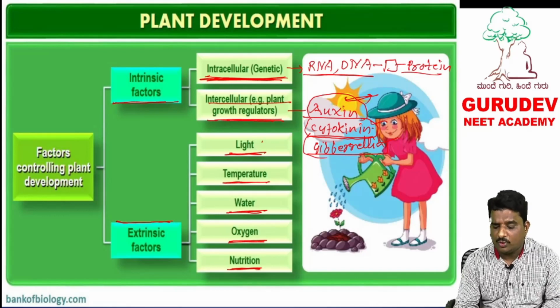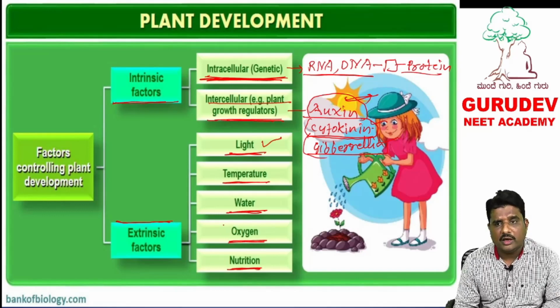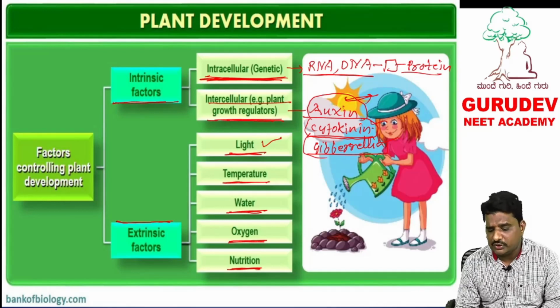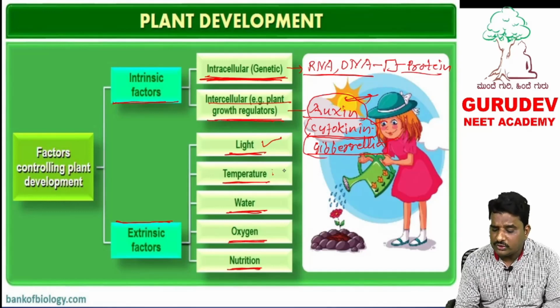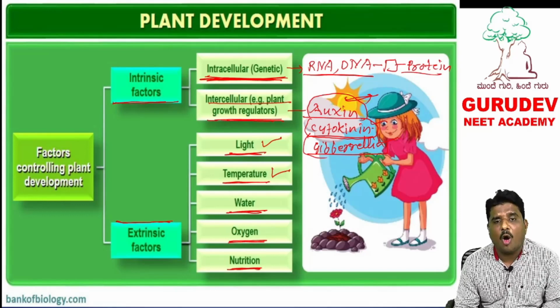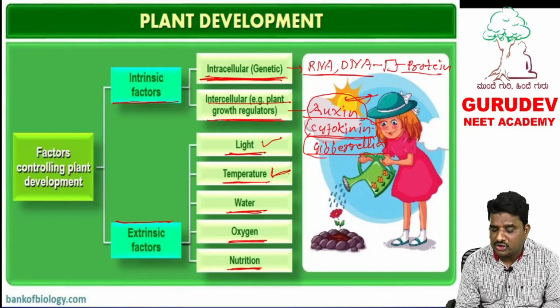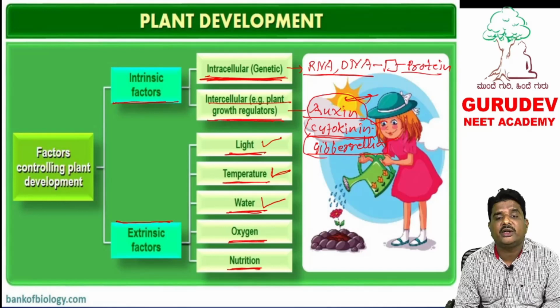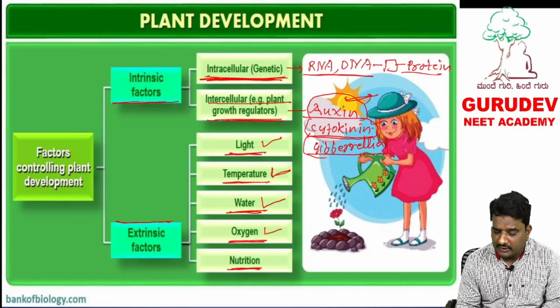Remember, without photosynthesis there is no growth. If growth is not there, there is no differentiation. And for photosynthesis or respiration, a proper temperature, an optimum temperature, is very essential. For photosynthesis, water must be provided, as raw material it plays a very important role, as well as oxygen for the respiration process.